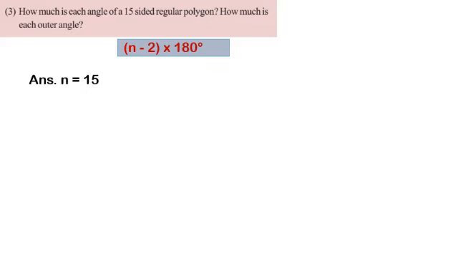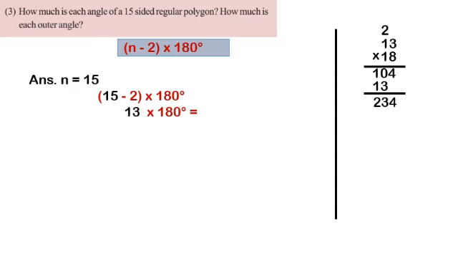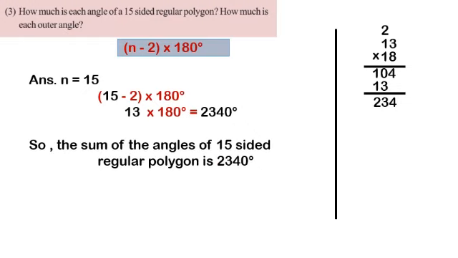When we substitute it, we get (15 minus 2) into 180 degree. That is 13 into 180 degree equal to 2340 degree. So the sum of angles of a 15-sided regular polygon is 2340 degree.